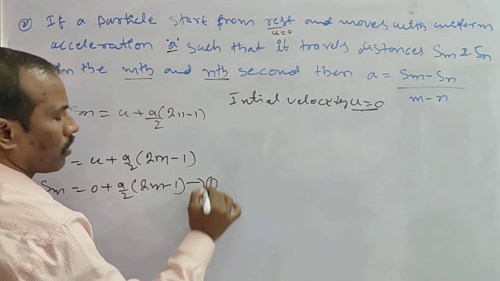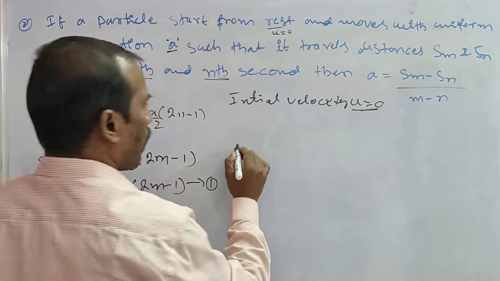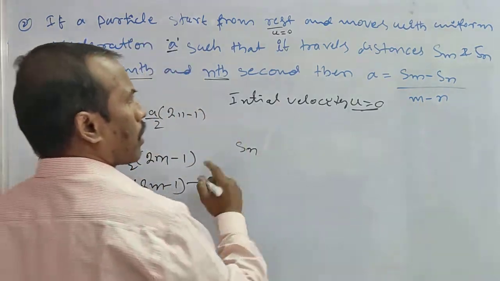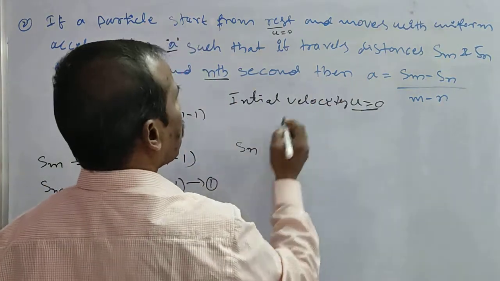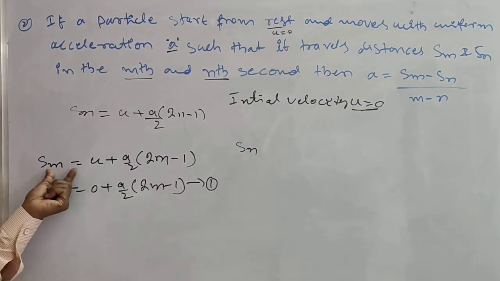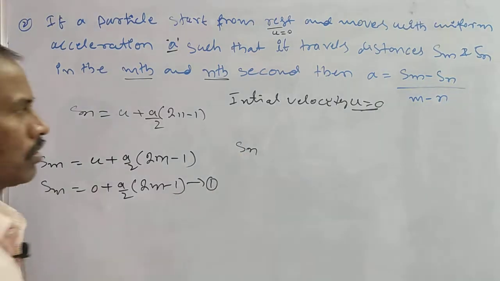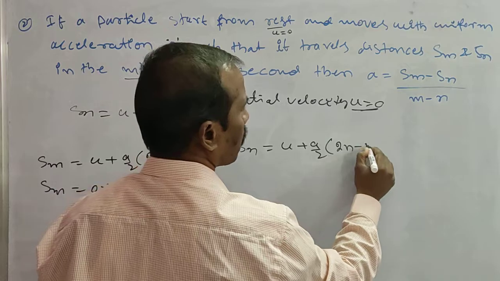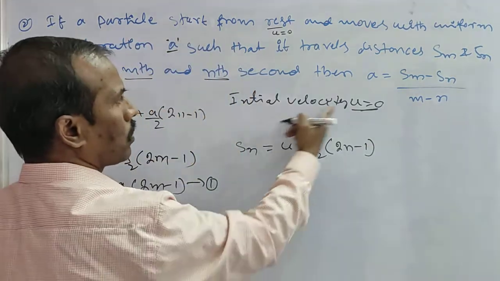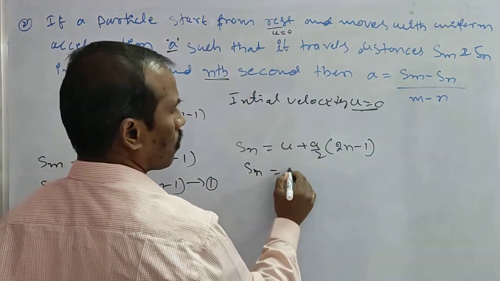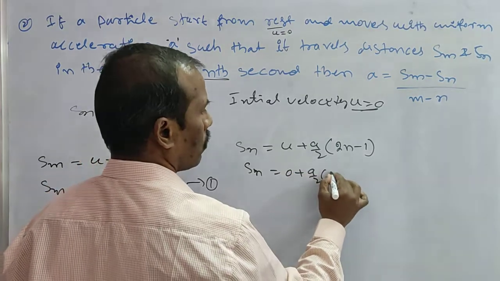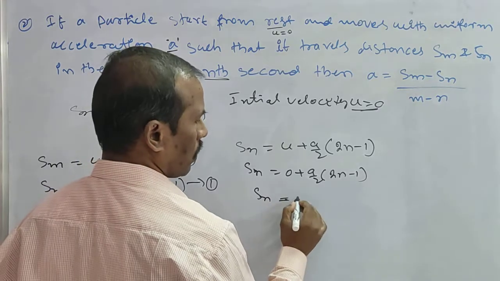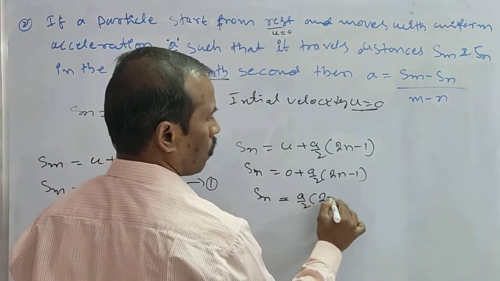This is equation 1. Next, the displacement of the particle in the nth second: sn is equal to u plus a by 2 into (2n minus 1). Here u is equal to 0, so sn is equal to 0 plus a by 2 into (2n minus 1). Finally sn is equal to a by 2 into (2n minus 1).